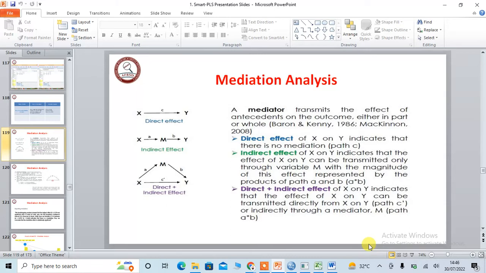Suppose we have X and M: in this relationship, M is the outcome or dependent variable. But when we consider it in the middle, X on Y through M, then we say it is a mediator, and it is normally an endogenous variable. Is it okay? Can I proceed?